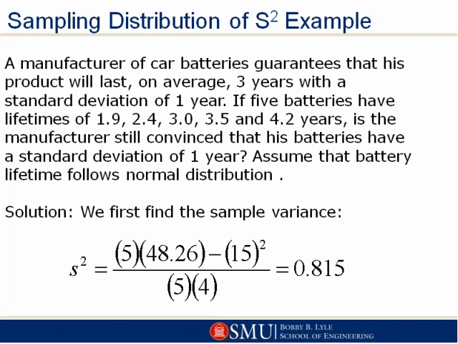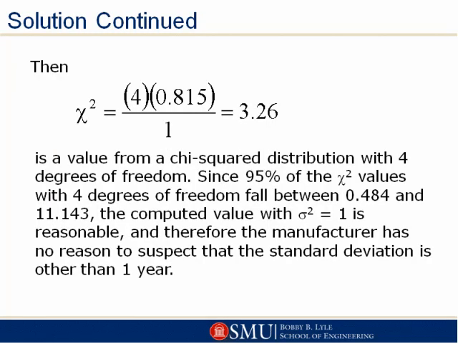We first find the sample variance associated with these five batteries, using the formula provided in previous recording sessions and in your textbook. It turns out to be 0.815. Next, we calculate our chi-square statistic, which is (n minus 1) times the sample variance divided by the population variance.